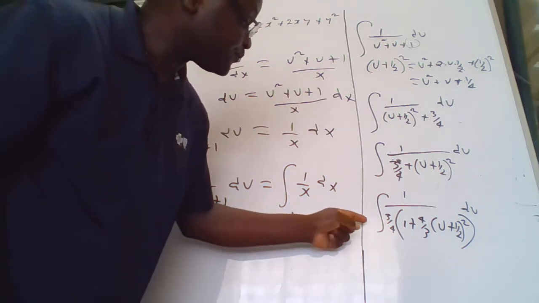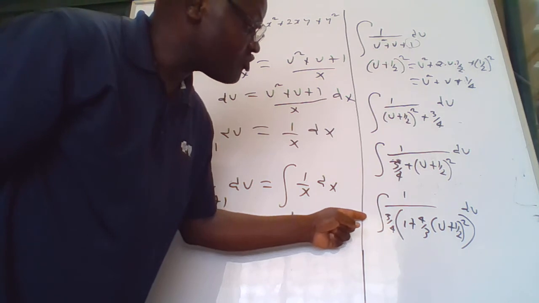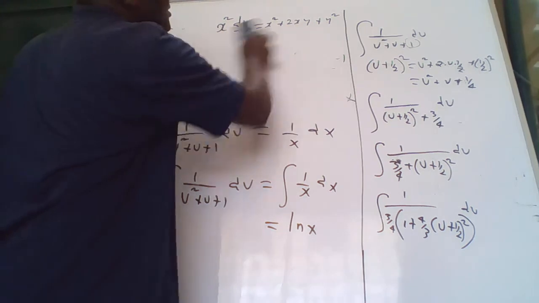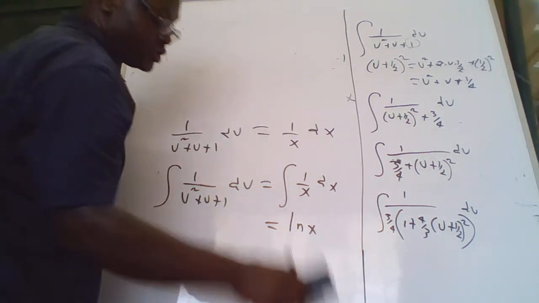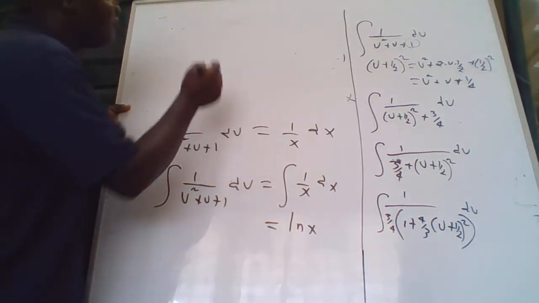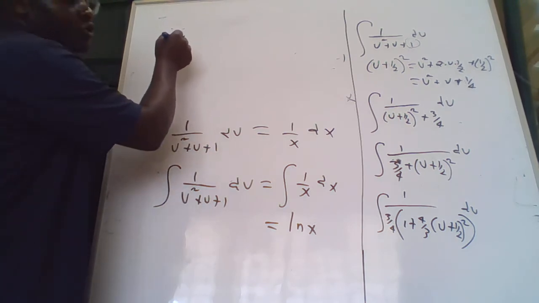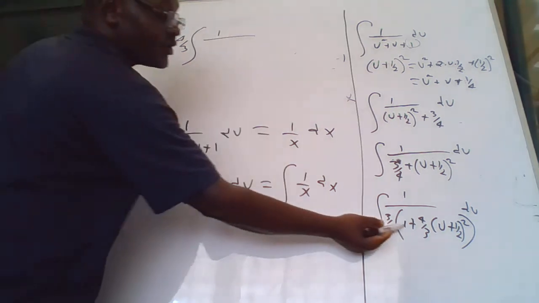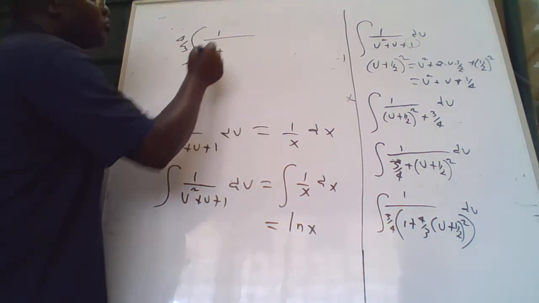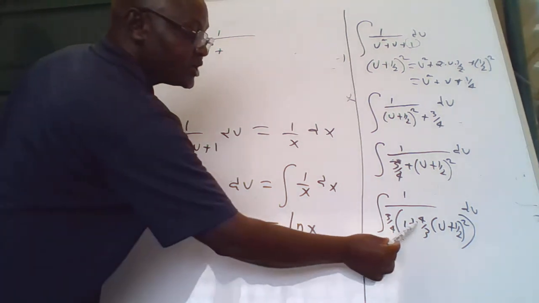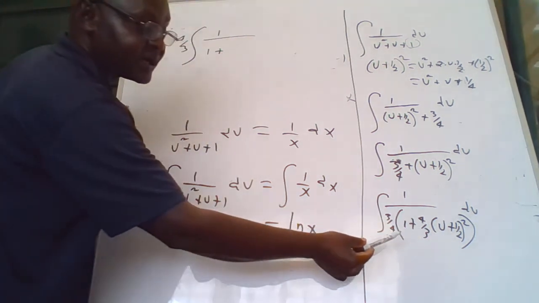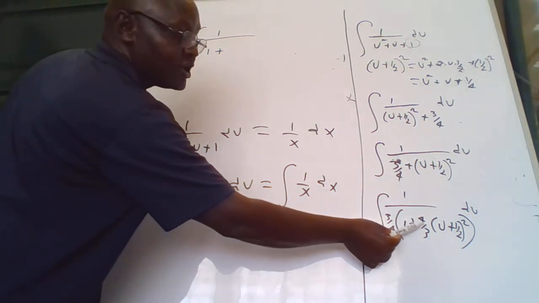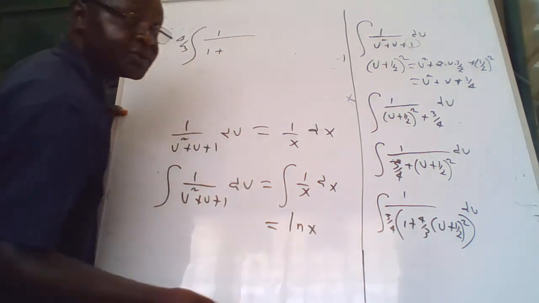But then, I can take out 4 over 3 because it's a constant. So here I would have 4 over 3, the integral of 1 over 1 plus, then I want to take 4 over 3 inside the bracket, so I take the square roots, the square root of 4 and 3, and then multiply through the bracket.